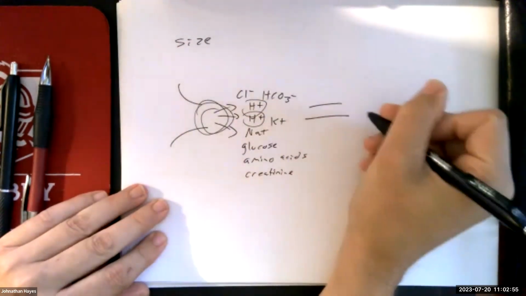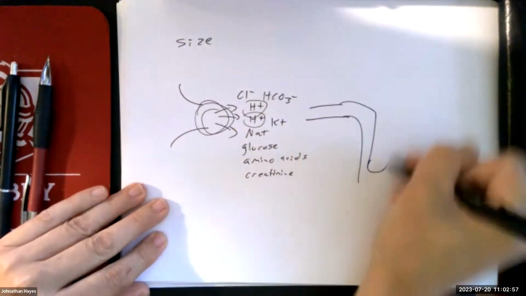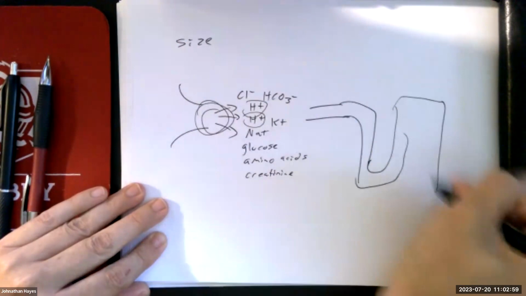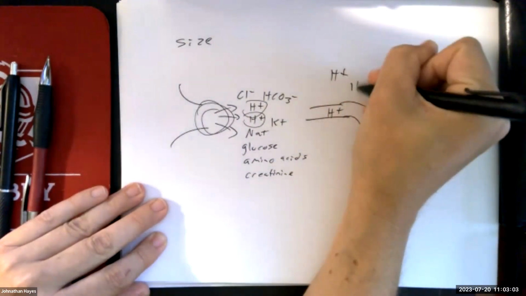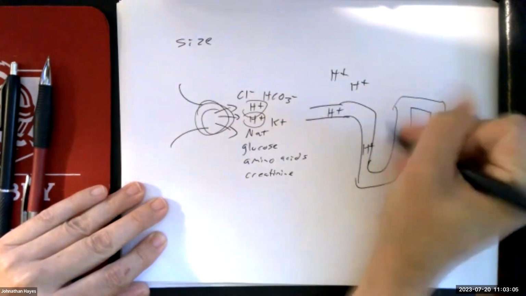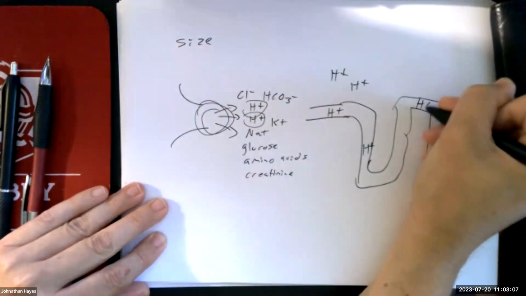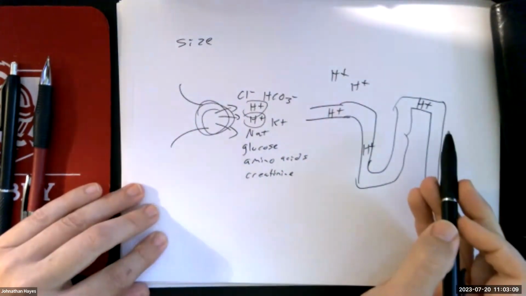But once I pass it into the tubular system, the tubular system, which is highly discriminative, says, I've got a bunch of these in here, and I've got a bunch of these in the body. We need to go ahead and keep these inside the tubular system and get rid of them, because at this time they're waste, right?